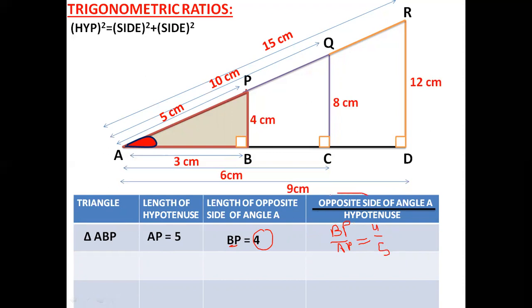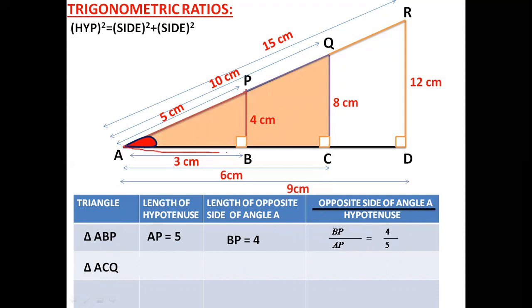Here the numerator is the opposite side of angle A, that is BP, and the denominator is the hypotenuse, that is AP in right angle triangle ABP. BP value is 4 and AP is 5. So 4 by 5.